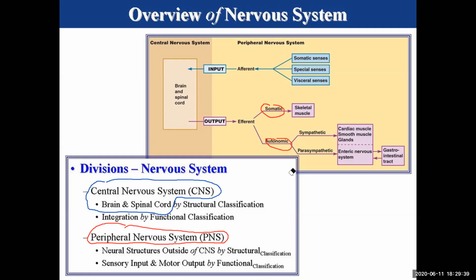Now, what would be the difference between sympathetic and parasympathetic? The sympathetic would be a gas pedal analogy. So it would prep the body for fight or flight situations, whereas the parasympathetic is the opposite. This is the rest and digest division. So after a meal, the parasympathetic kicks on, it's activated.